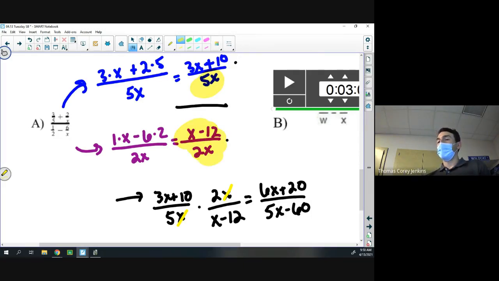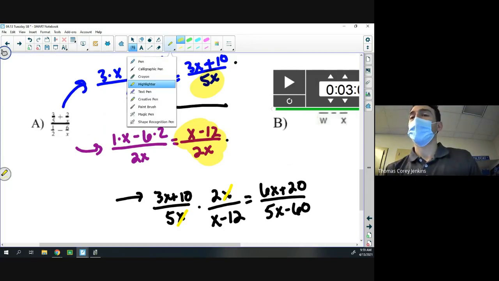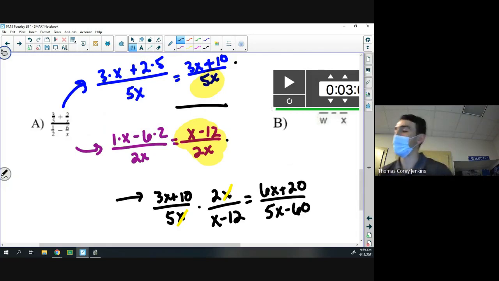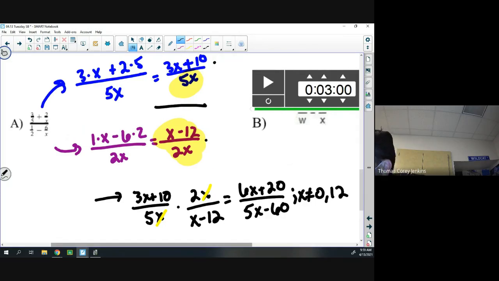If I set the 5x equal to 0, I get 0. Set x minus 12 equal to 0, I get 12. Set 2x equal to 0, I get 0. So my restrictions overall are 0 and 12. But x can't be 0 or 12.